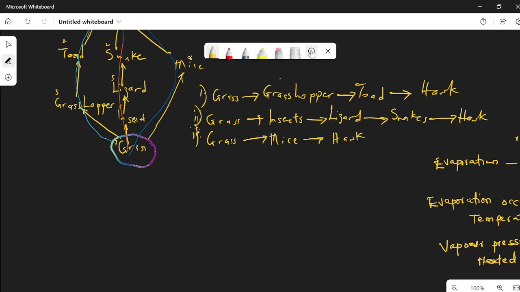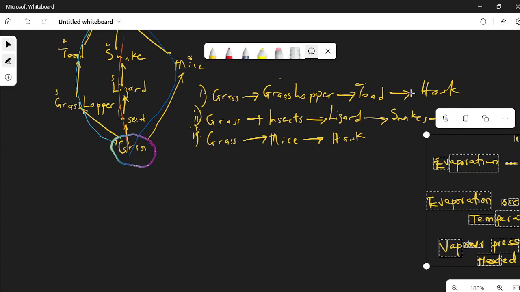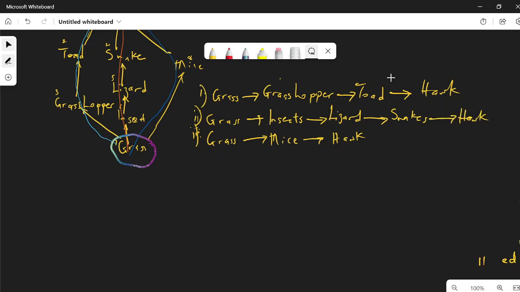So what we have there, they make up the food web.